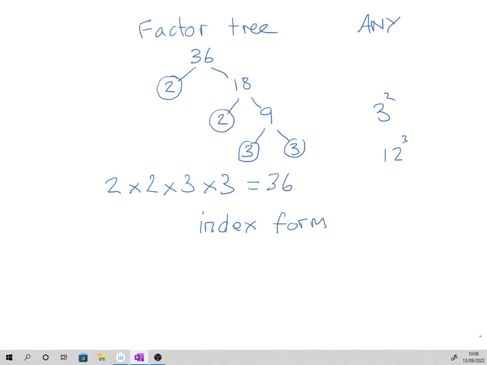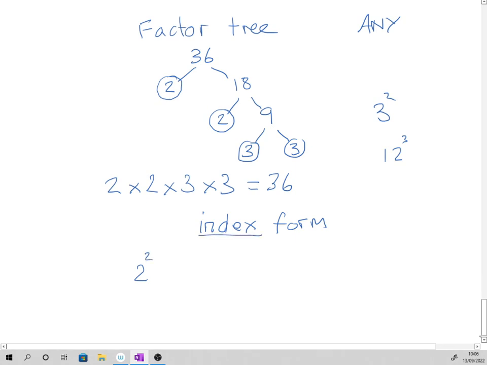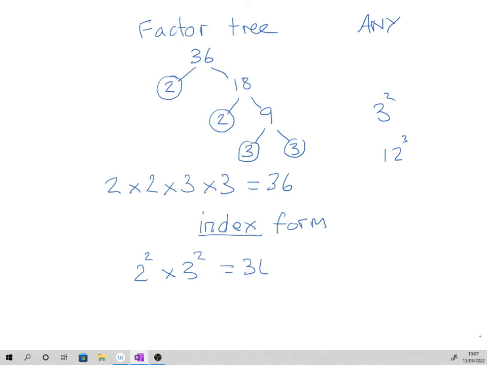So instead of writing 2 times 2, we can write that as 2 squared because it means the same thing, but it's in index form. And the same over here, we've got 2 3's, so we can write that as 3 squared because this will be 4 times 9, which is 36. So there's one that you're going to write. You've used the factor tree and you've written your answer in index form.